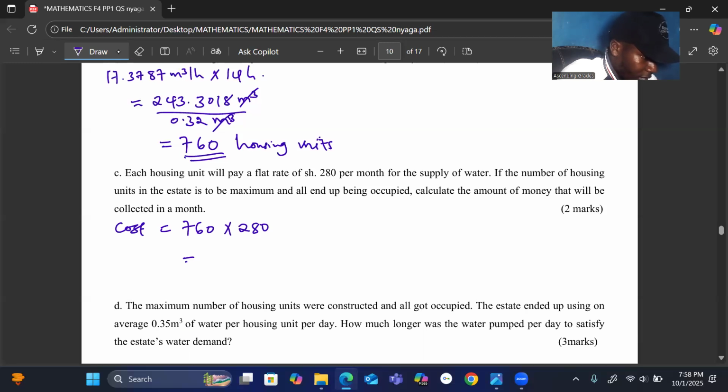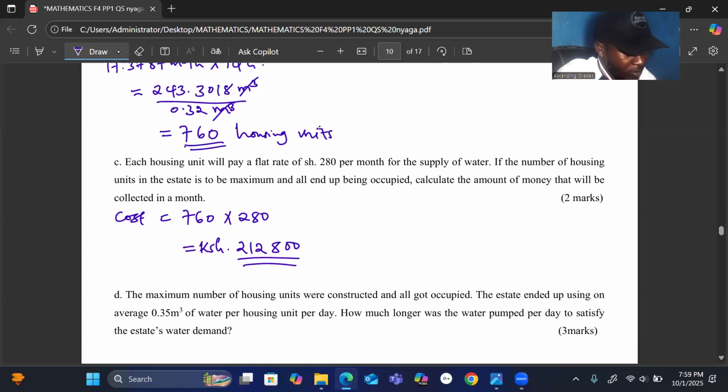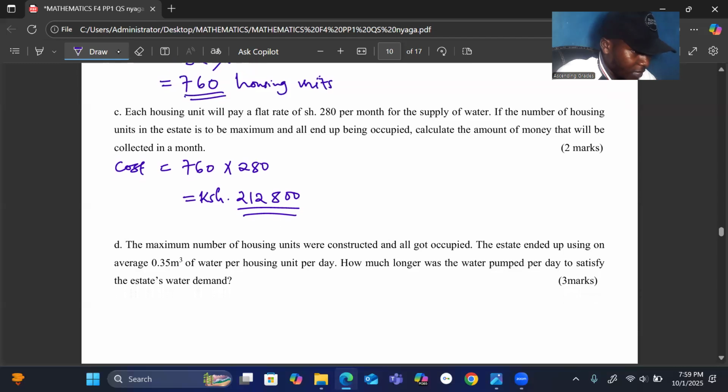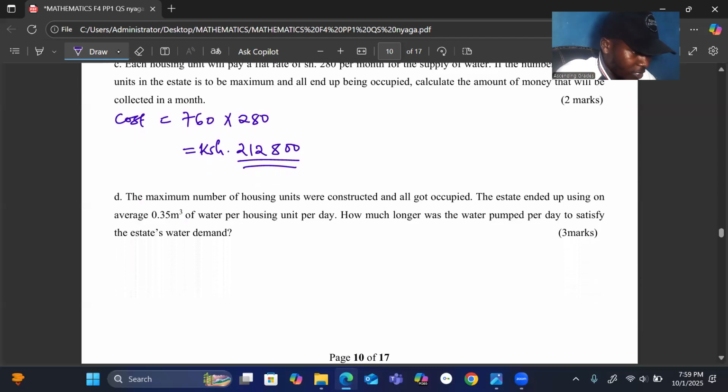Therefore, the amount of money in Kenyan shillings that will be collected will be 212,800 shillings. That's simple. Simply take the number of houses, which is 760, times the amount of money to be paid.